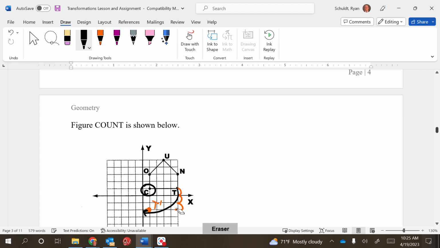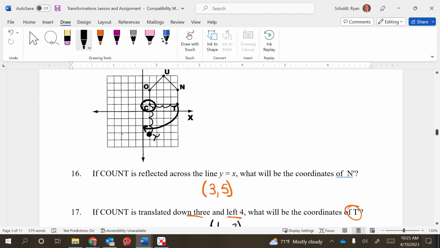Let me erase this from the old stuff. Well, how many from C was T? 1, 2, 3, 4. So 1, 2, 3, 4. There's going to be our new T. So what are those coordinates? 1, 2, 3. So 1, negative 3.